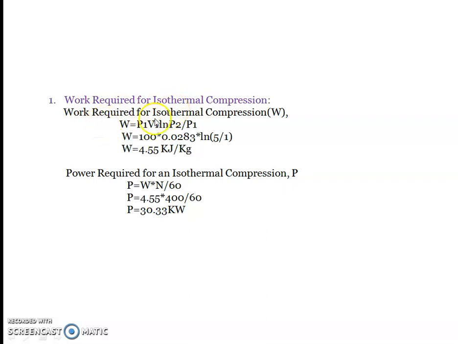So work required for an isothermal compressor W = P1 V1 ln(P2/P1). So P1 value is 100 kilonewton per meter square and V1 as 0.0283, and P2 as 5 bar and P1 as 1 bar.